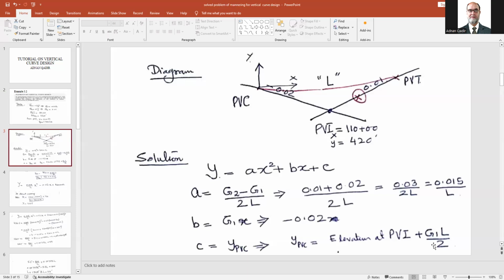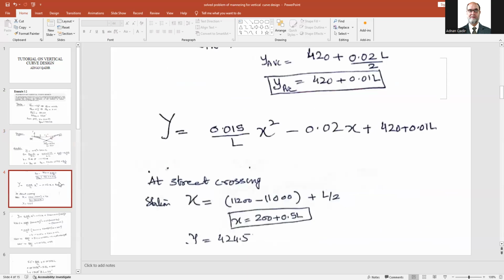That's how it is written here. If we plug in the values, PVC is 420, G1 is 0.02 and L upon 2, so Y at PVC is 420 plus 0.01 L.